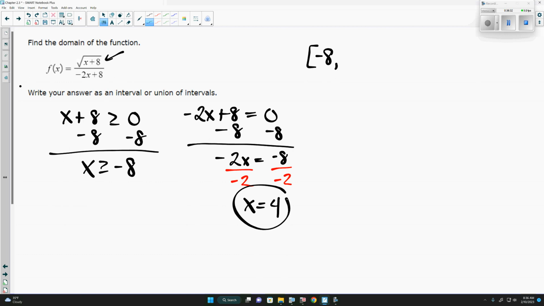So we have negative infinity, -8, comma, 4, parentheses. We have to put a parentheses because that would cause a division by 0. We can't have it. At the union of 4, comma, infinity. That'd be it.